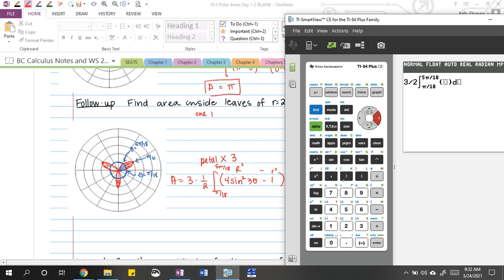And then in here we have 4 times, careful with signs squared. You need parentheses first, and then you need sine of 3 theta. Close parentheses around sine, square it, d theta.